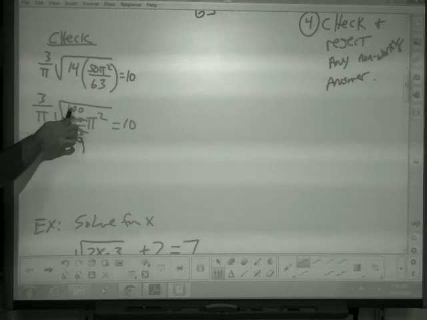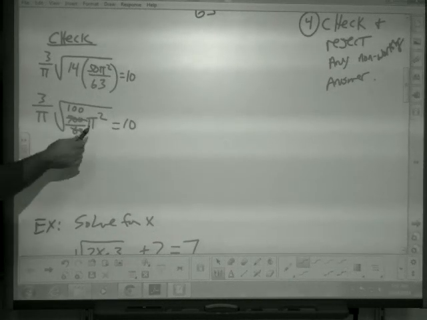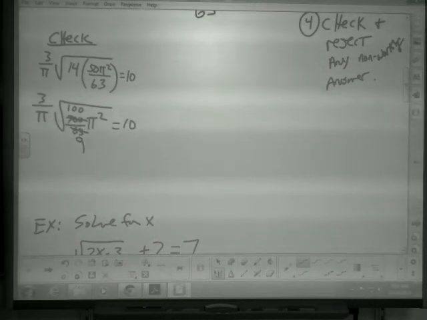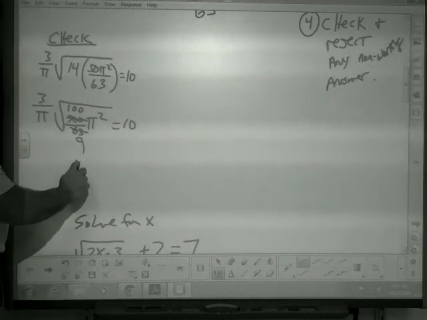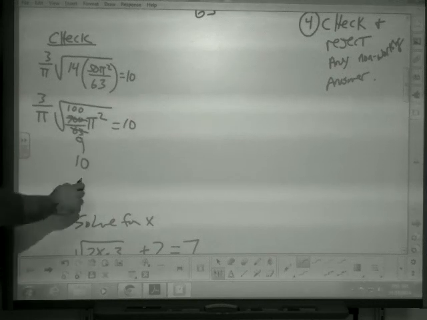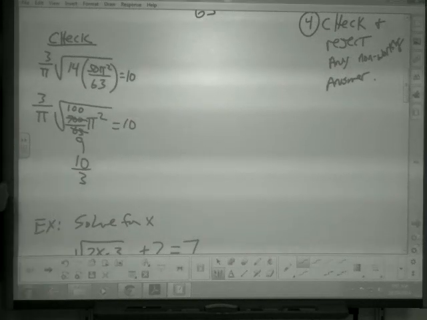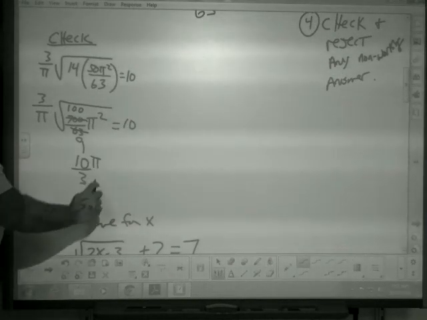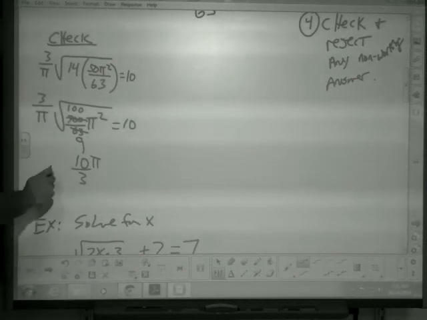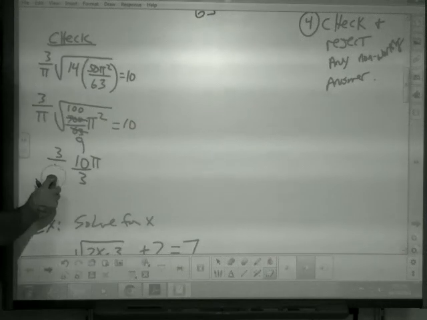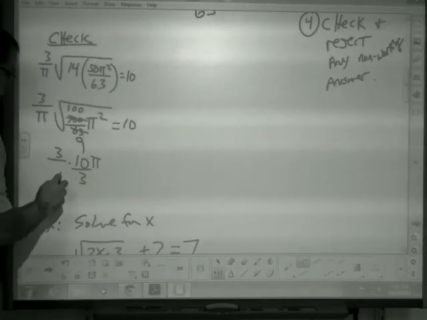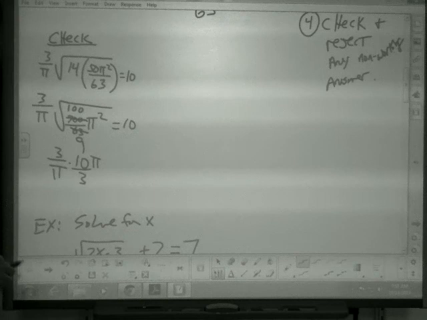And now I have the square root of 100 over the square root of 9, the square root of pi squared. Well, the square root of 100 is 10. The square root of 9 is 3. And the square root of pi squared is just pi. And so this is 3 over pi times that.